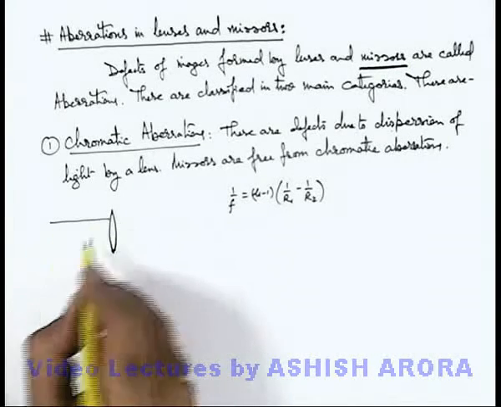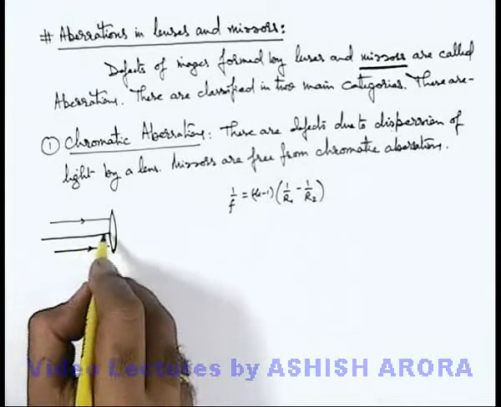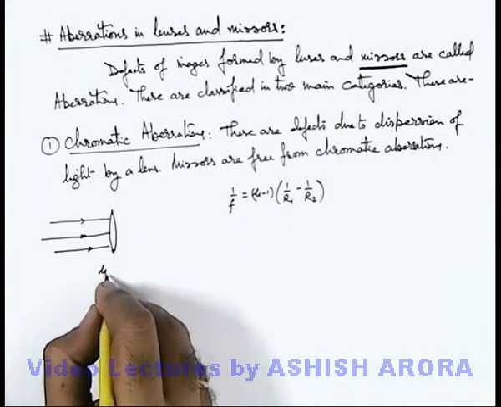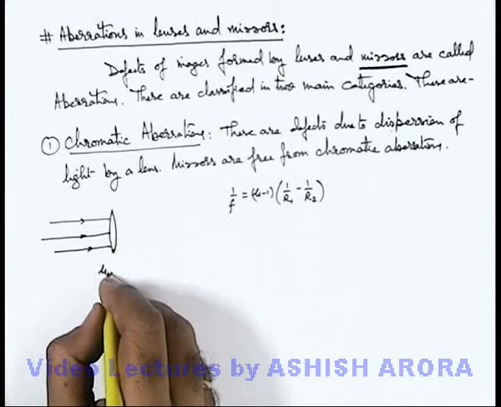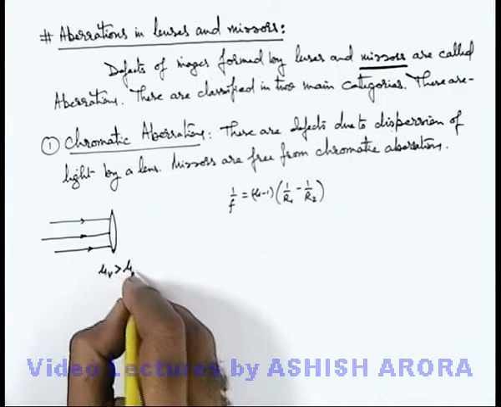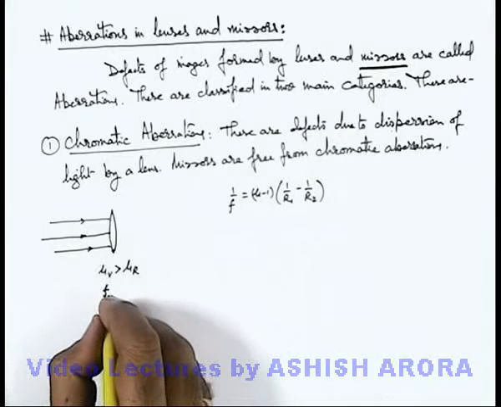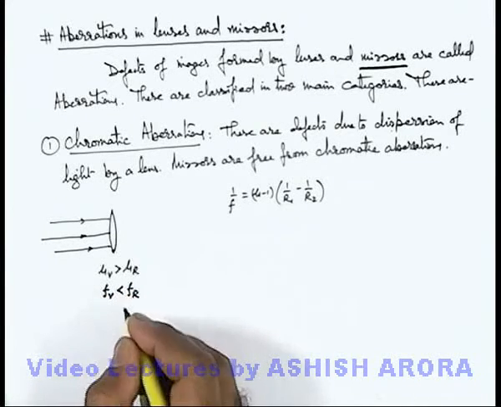When white light is allowed to be incident on the lens parallel to the principal axis, then we know well that the refractive index of the lens for violet light is greater than the refractive index for red light. We can write that the focal length of the lens for violet light will be less than the focal length of the lens for red light.